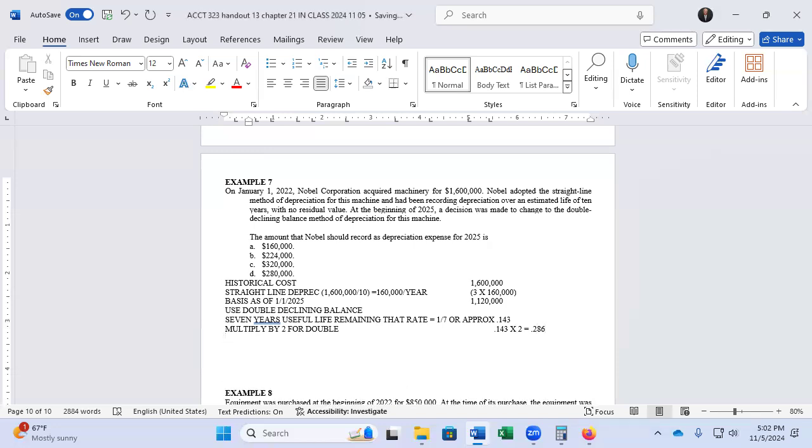So now we take our cost at the date of conversion, and that's 1,120,000, and we multiply.